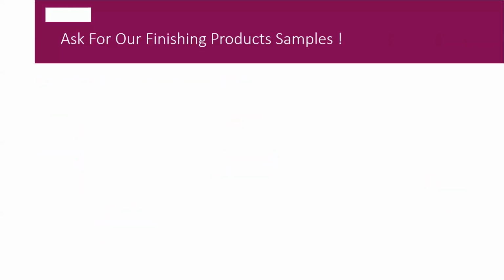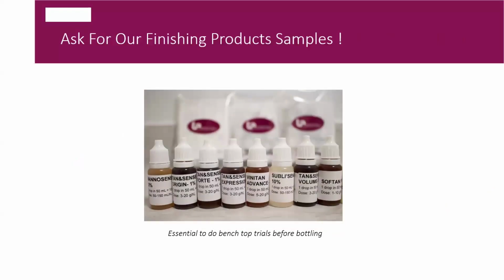So please, if you're interested, ask for our finishing product samples, because it's very important to do benchtop trials before bottling. If you feel like your wine needs to be fine-tuned, or it's missing something, using trials, using samples like this is very easy.